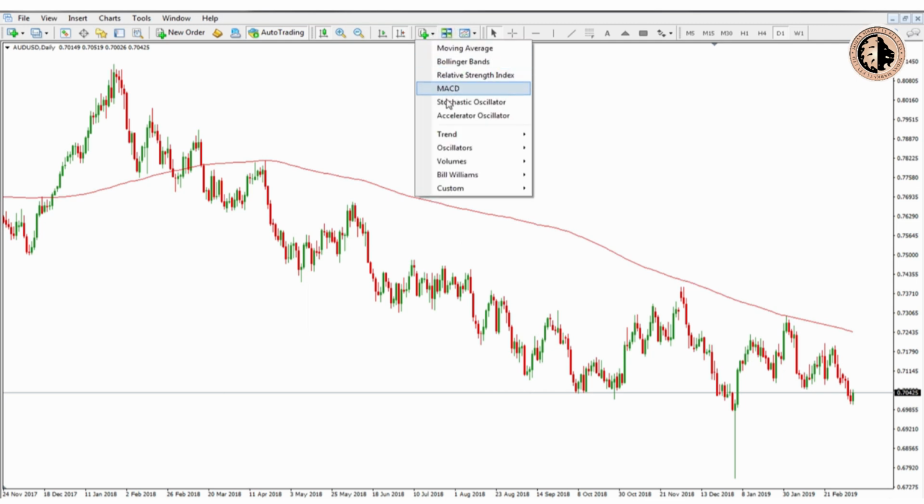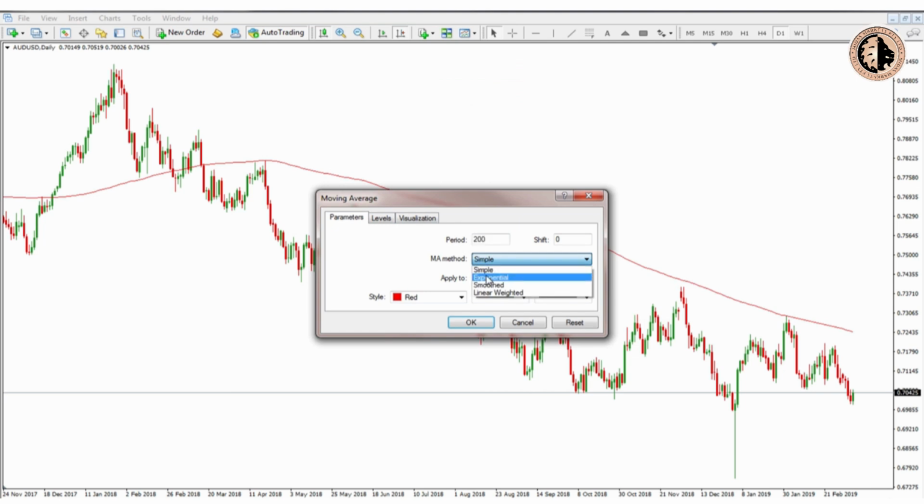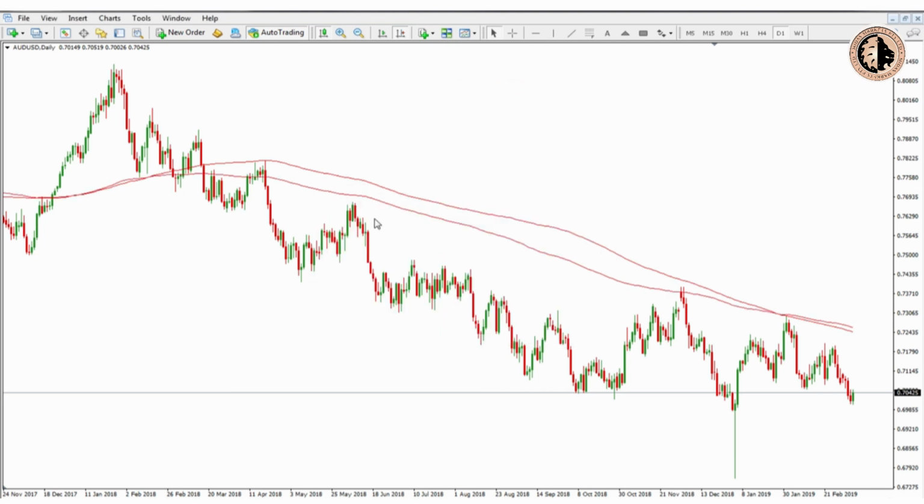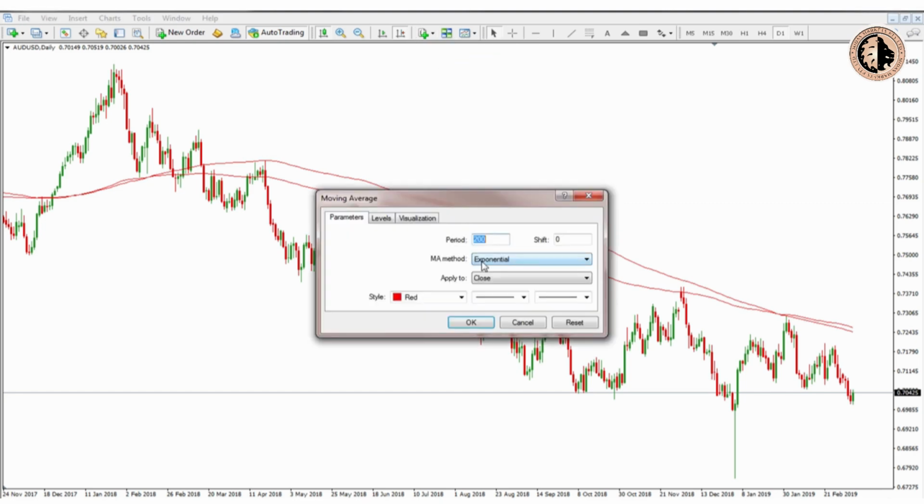That's the only difference between these two moving averages. As you can see, the lines are similar and there is no drastic difference. Okay, I'll delete both and turn on simple moving average 200 again.